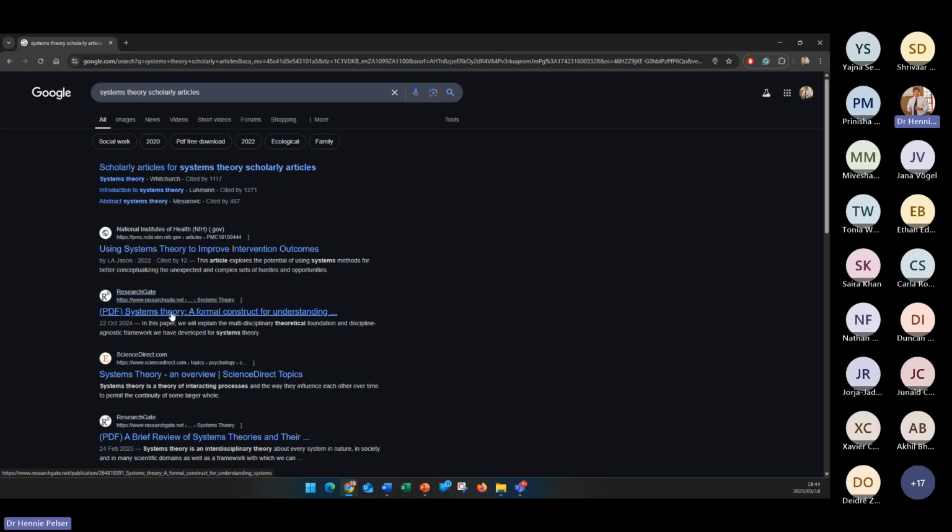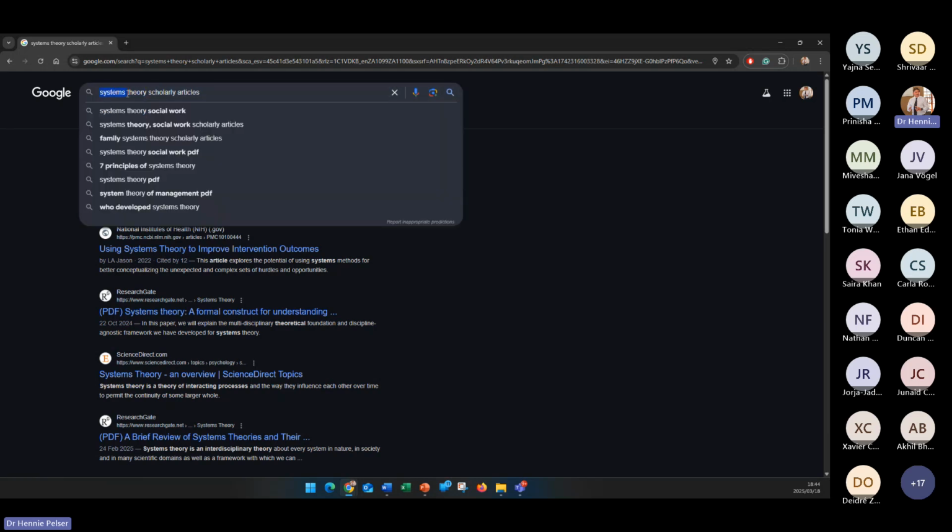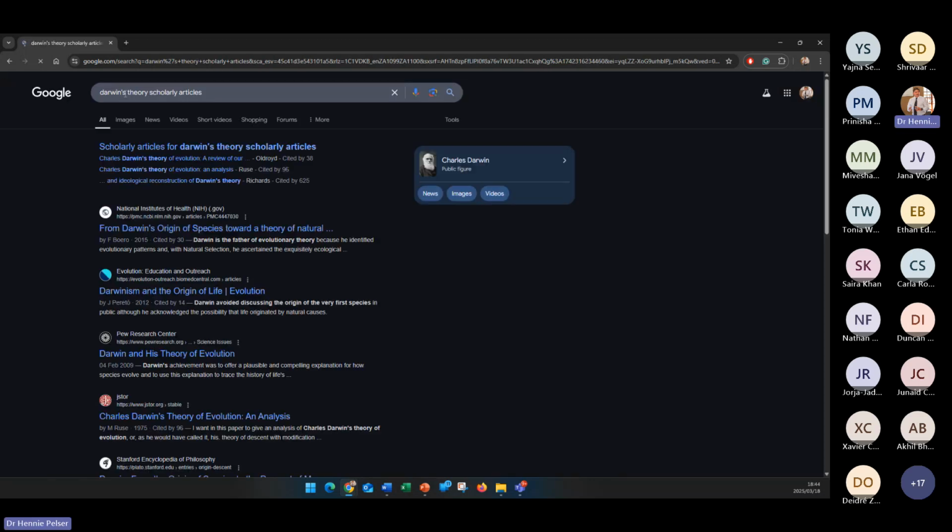I also think that one of the others to consider here is Darwin's theory. The idea of Darwin's theory talks about being fit for purpose. And if you think about it, the way we create electricity now is definitely not fit for purpose. So I would look at Darwin's theory and I would look at the systems theory.